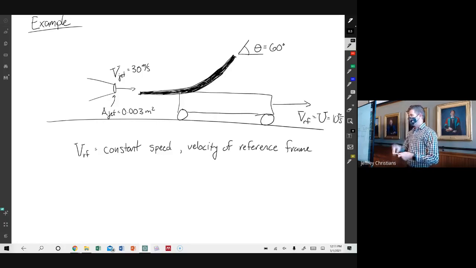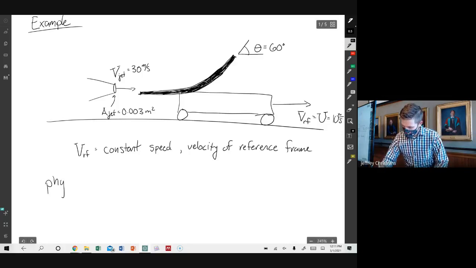So how we're going to look at this problem is we're going to pick a frame of reference and call that stationary. It doesn't matter if it's actually stationary, it just matters if it's not accelerating. So we have to pick a reference frame. That's why I labeled the velocity of the cart V RF.